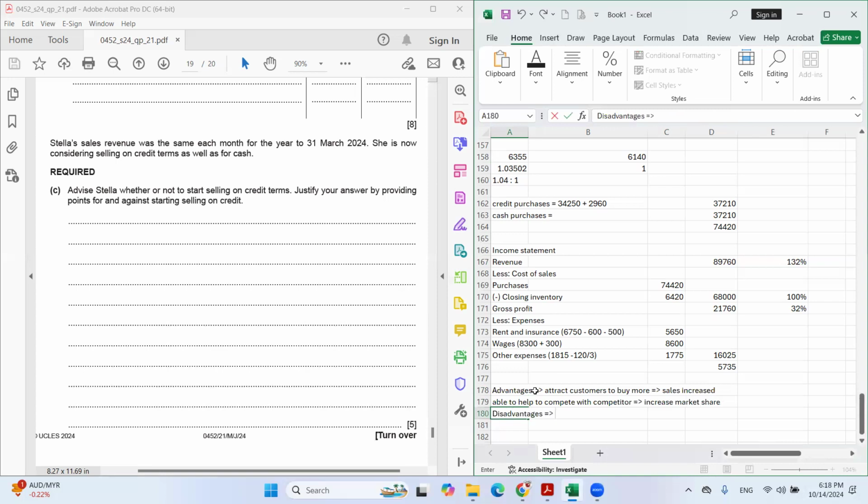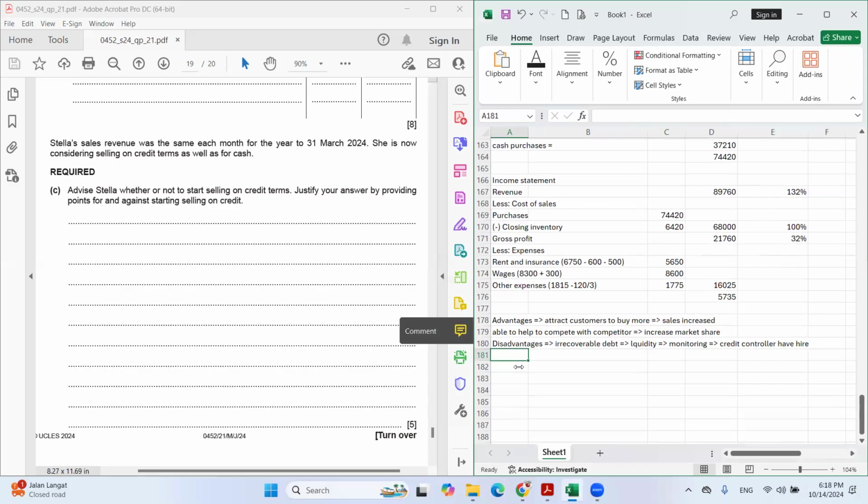The disadvantage is that when you sell on credit, the risk of irrecoverable debt increases. So this would affect the liquidity. And then you also have to do more monitoring. So this is credit control, you may need to hire a credit controller to monitor the debt. So this is the disadvantage.